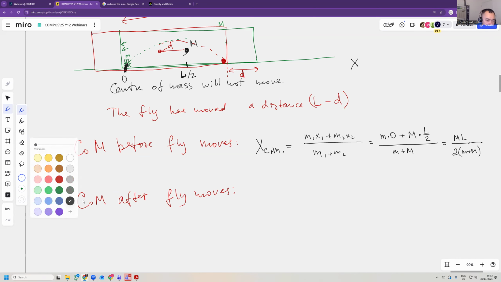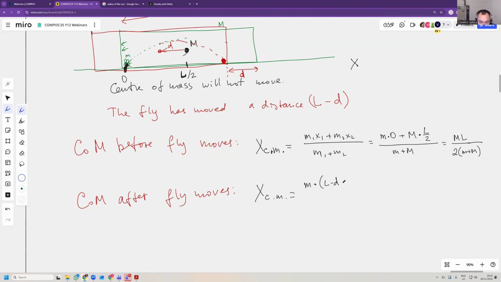The new position of the center of mass is the mass of the fly multiplied by the position of the fly, which is L minus d, plus the mass of the cylinder multiplied by x, which is L over 2 minus d, because that's the new position of the center of mass of the cylinder. And that's divided by m plus M.